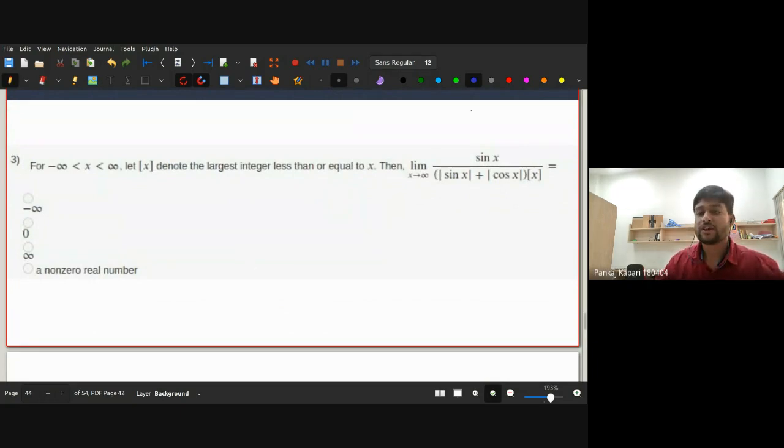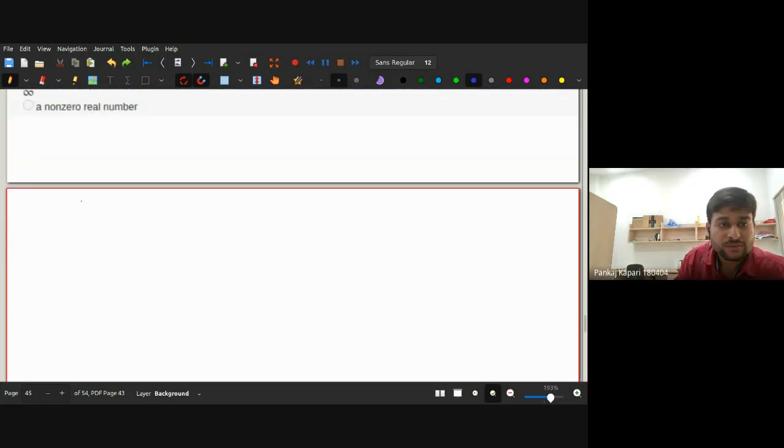Okay, so we again have this bracket or box function. x is given between minus infinity and plus infinity, but certainly we cannot assume that x is zero, right? Because if x is zero, then this denominator will have a problem. So let's not assume that x is zero. So what is our function?